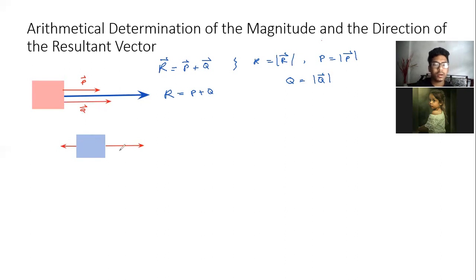So this is vector P, this is vector Q. So the resultant vector here in this case, we know, is always R equals P vector plus Q vector. So now let's write the arithmetical determination, just finding the value of the resultant.